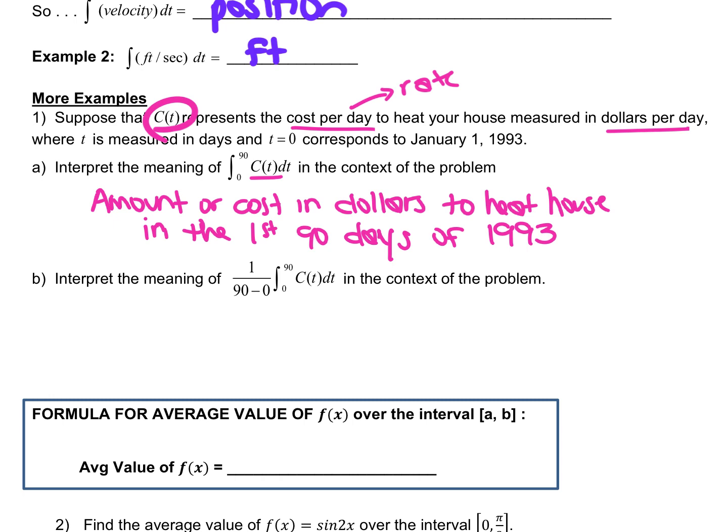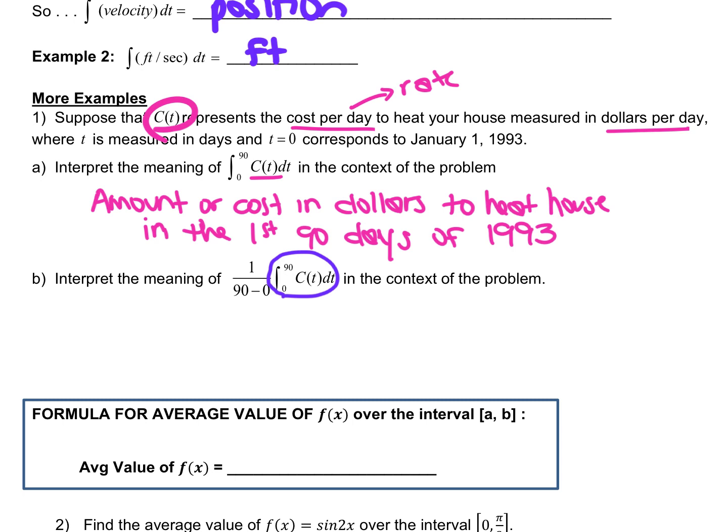Now, what's the difference with what you see in part B? It gives us an equation. We have something in addition to it. We know what this represents now: the integral from 0 to 90 of c of t dt gives me my total cost over the first 90 days that it cost me to heat the house. So what is that 1 over 90 minus 0 doing to this?